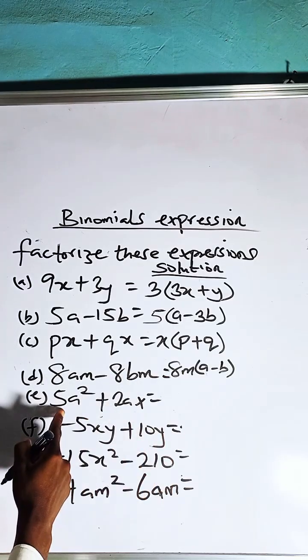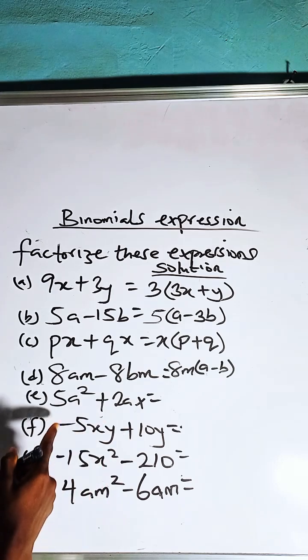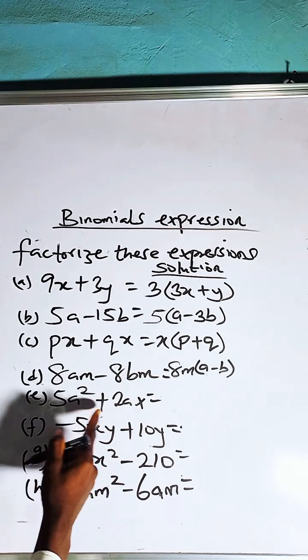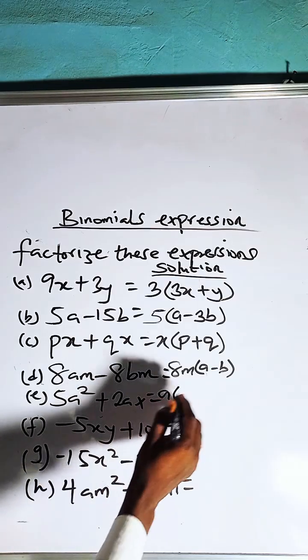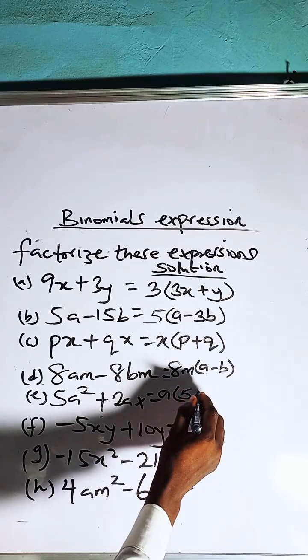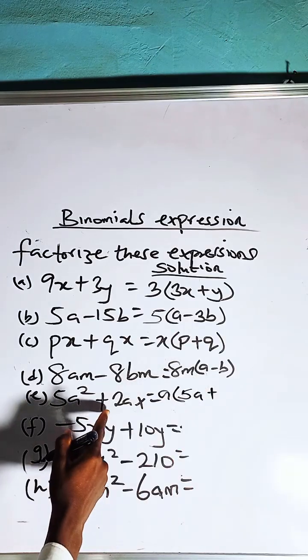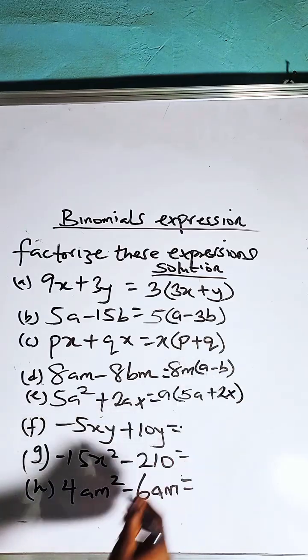Okay, so for 5a squared plus 2ax, the common factor here is a. So we can say a into, for this we have 5a plus, at this point we have 2x.